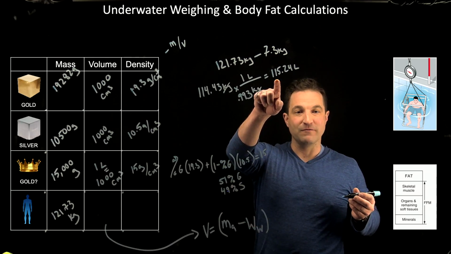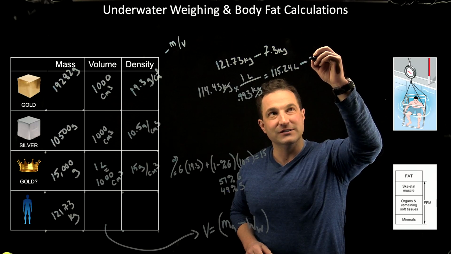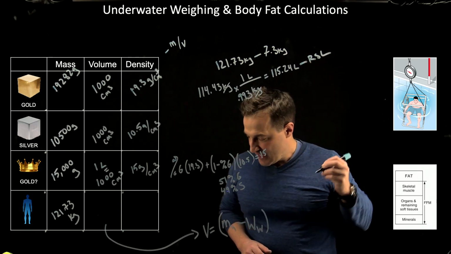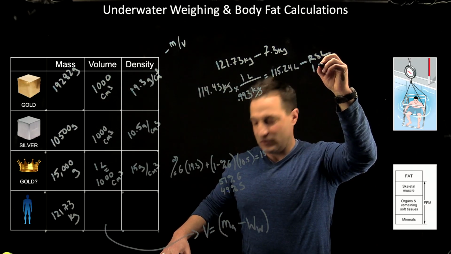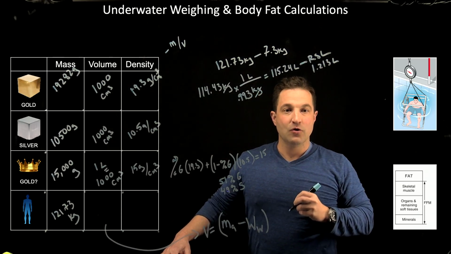So from our 115, we then need to lastly subtract our residual lung volume, RLV, and in the example in the book, they give that as about 1.213 liters. Whew.